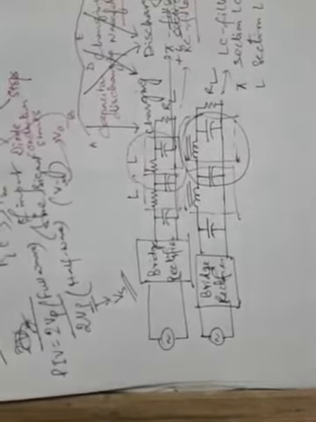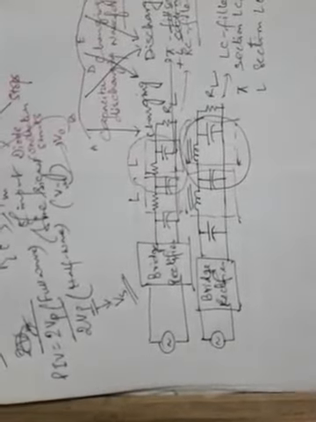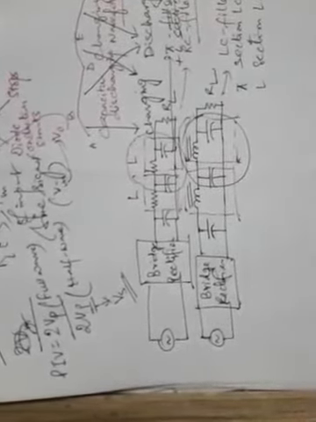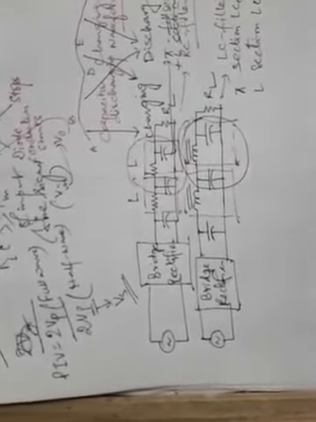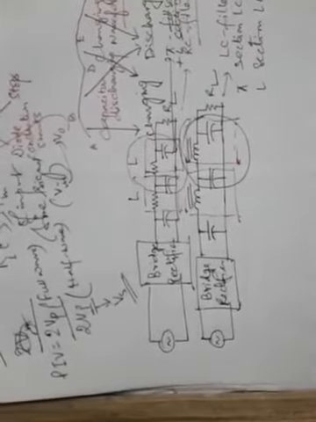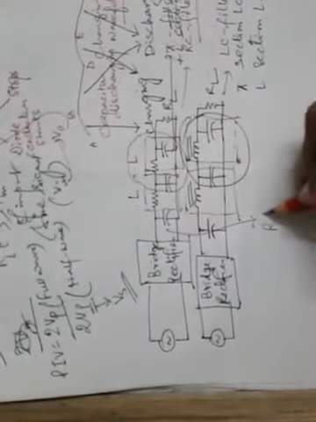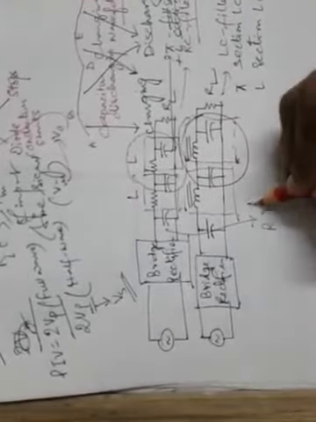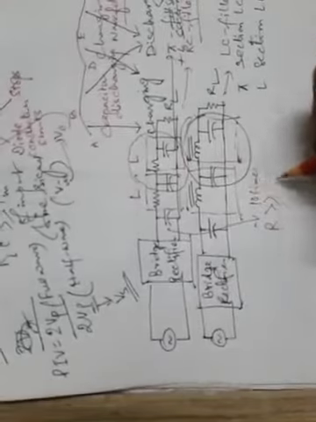Therefore the ripple is reduced easily before it reaches the load resistor, and typically the R is kept 10 times greater than the capacitive reactance. So in this case R is generally 10 times greater than XC.